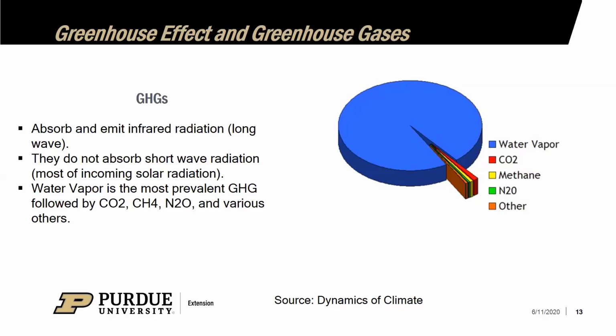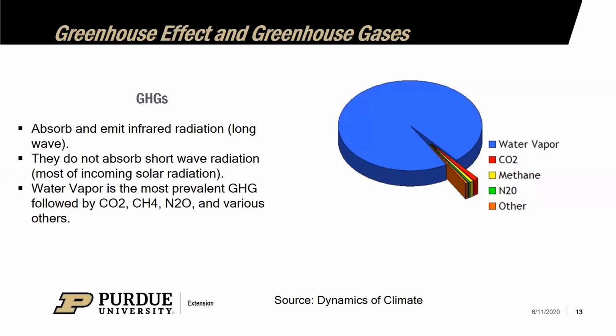Nitrous oxide is also produced through soil cultivation practices. When I did my master's, I looked at anhydrous ammonia applications and how denitrification released nitrous oxide into the atmosphere, and how different agricultural practices do that.